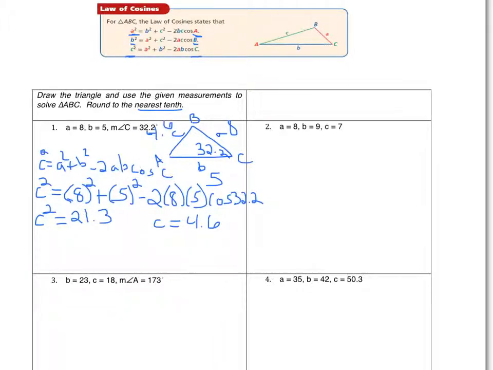So I have all the sides, I just don't have all the angles. So if I find one more angle, I can actually find the third, because we know they all add up to 180. So let's go ahead and use the a squared formula.